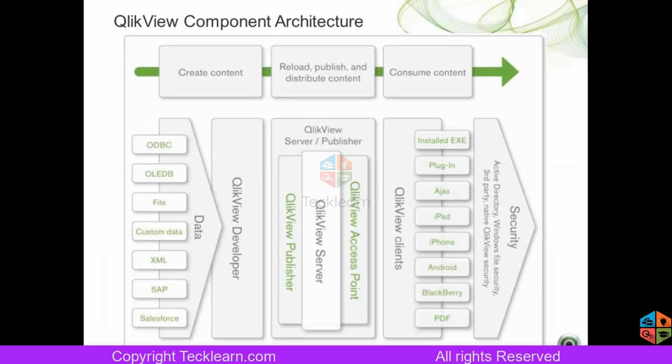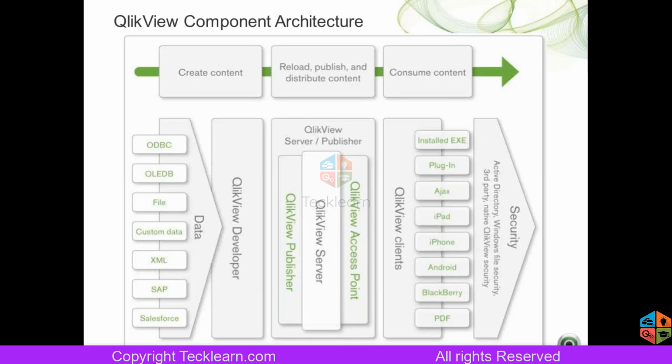Now coming to the ClickView component architecture. Right now, whatever we have discussed regarding these 3 components, one thing I need to say: we have ClickView desktop, and ClickView server and publisher I have written, right? So ClickView desktop is one software and ClickView server and publisher is another software.